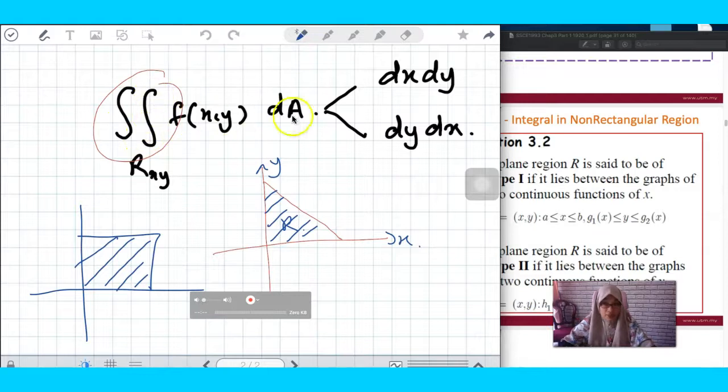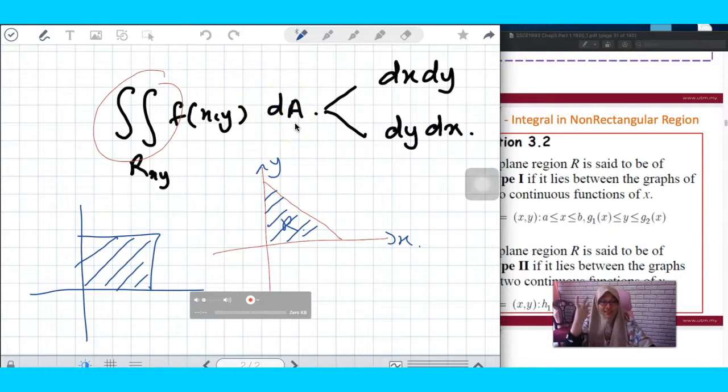Because if you want to change between dx dy and dy dx, you can just swap the location of the limits over here, but not for a non-rectangular region. So firstly, the step is, do you determine the limit first and then the order, or the order first and then the limit? Actually, the first step is you have to determine the order first.